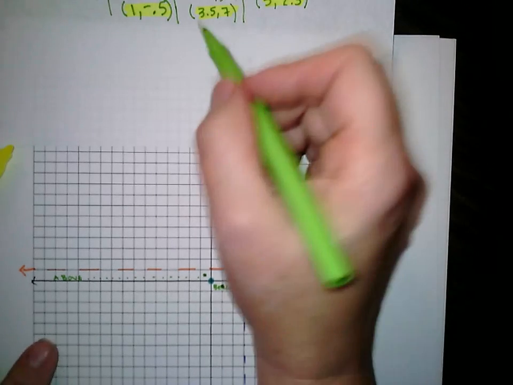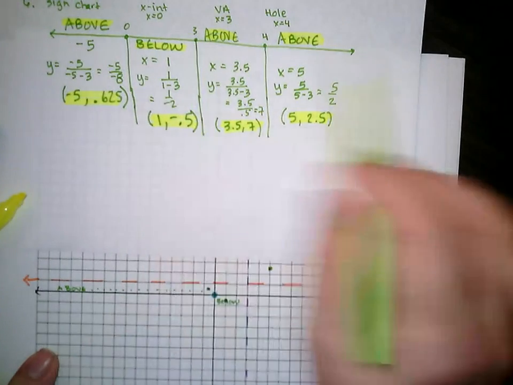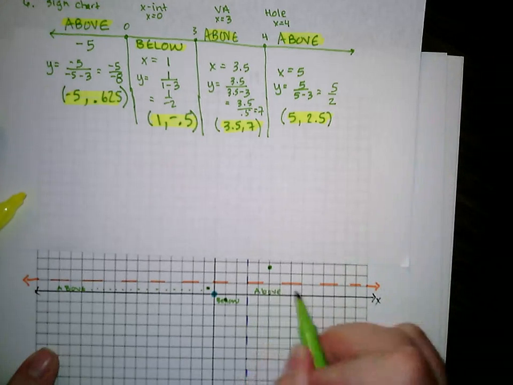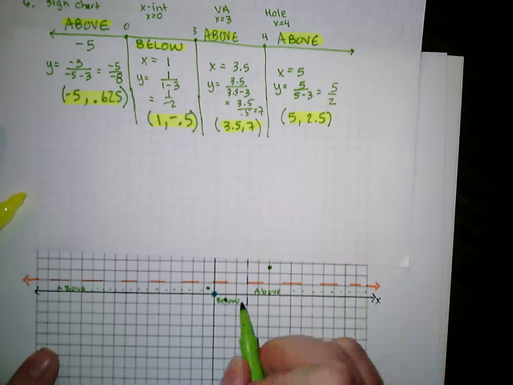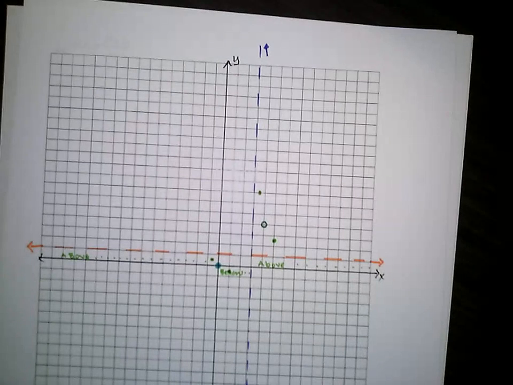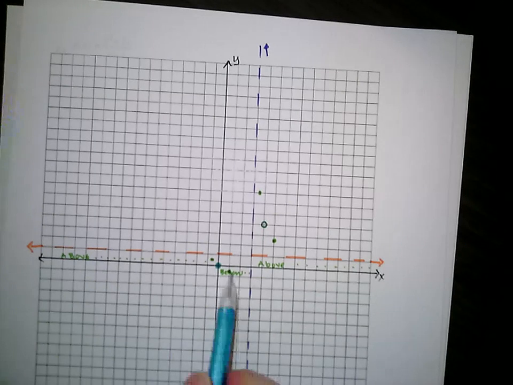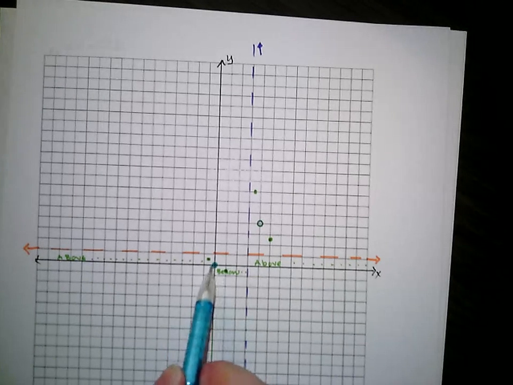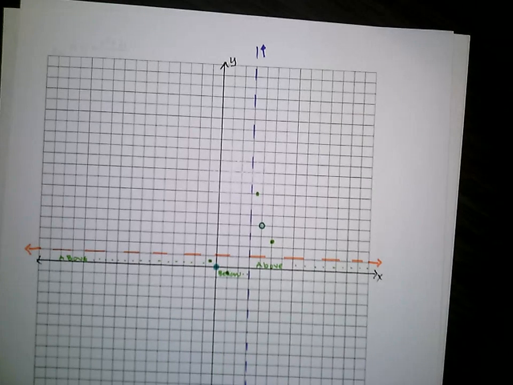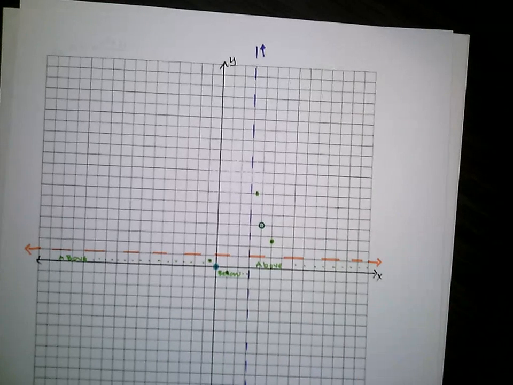Then I know that my graph is above all the way from 3 to infinity. So we are above forever after that. I know I need to go through these ordered pairs and hit this arrow down here.